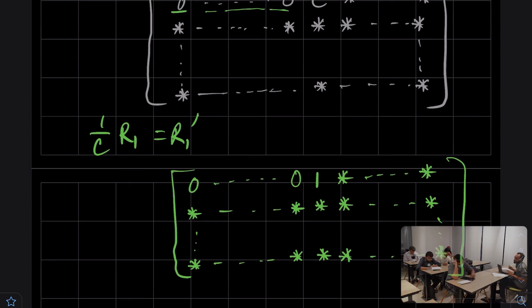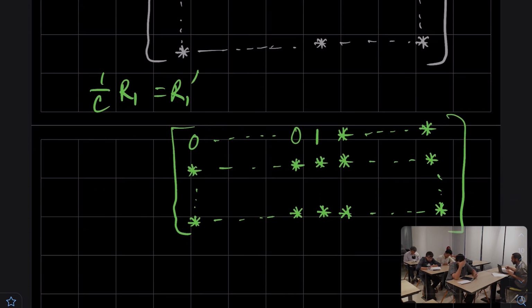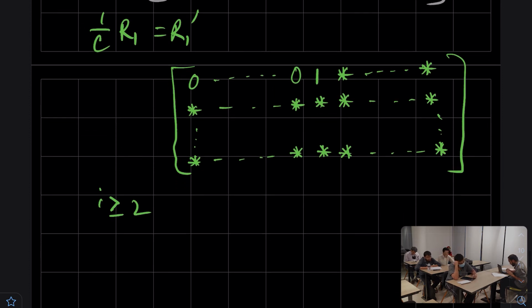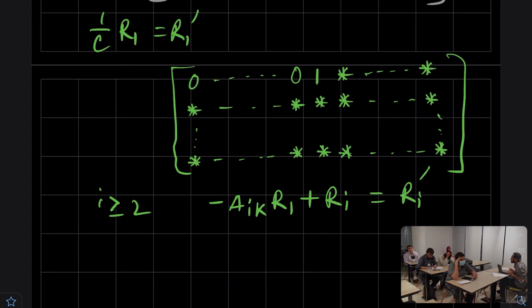Then for i greater or equal to 2, I can take this row: minus a_ik times R1 plus Ri equals Ri prime.